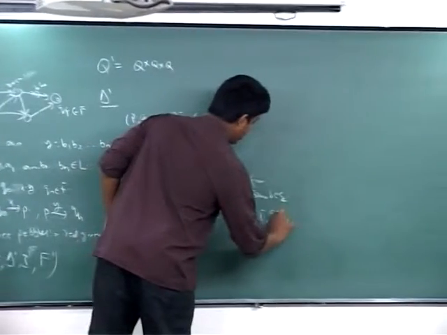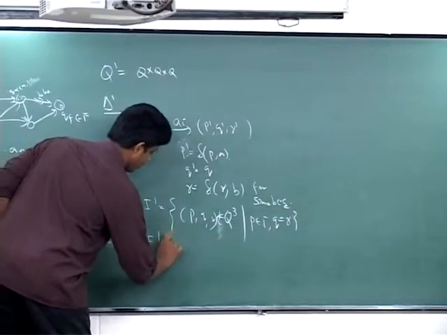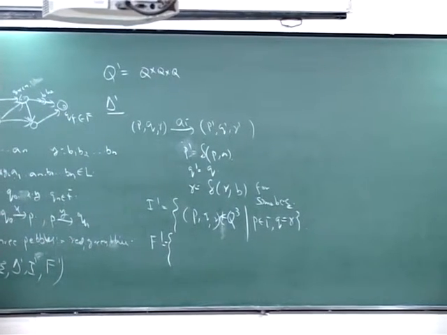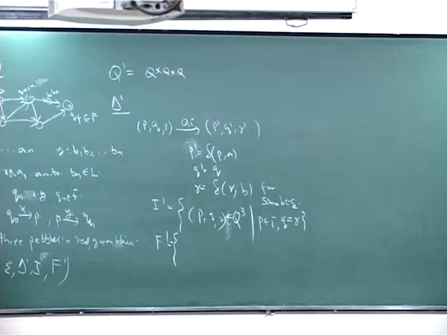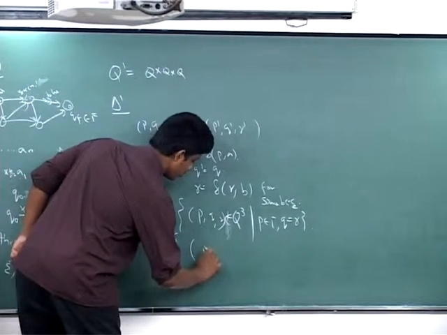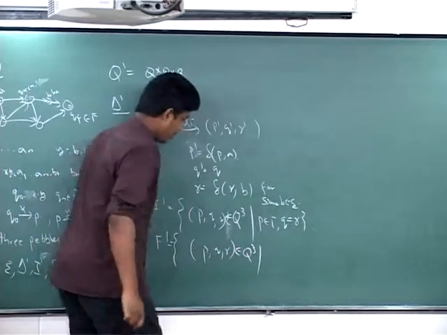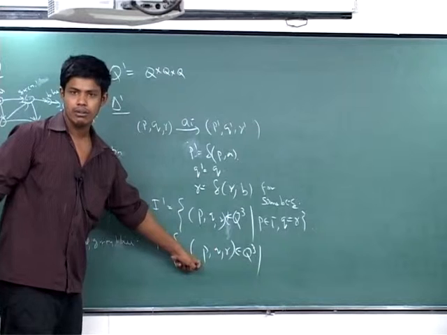So P is an element of I and Q equals R. What is F prime? What is P intersection Q?